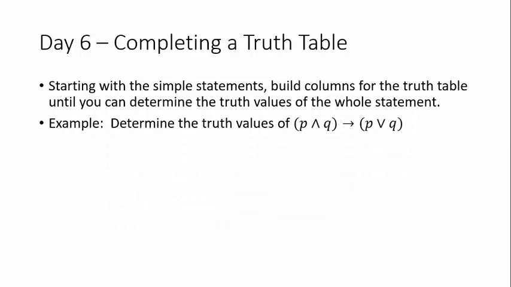We're going to complete a truth table now. Show you how to build one from the beginning. Starting with simple statements, we're going to build columns for the truth table until we can determine the truth value of the whole statement. We want to determine the truth values of this statement. If P and Q, then P or Q. We only have simple statements P and Q, so that's where we will start our truth table.